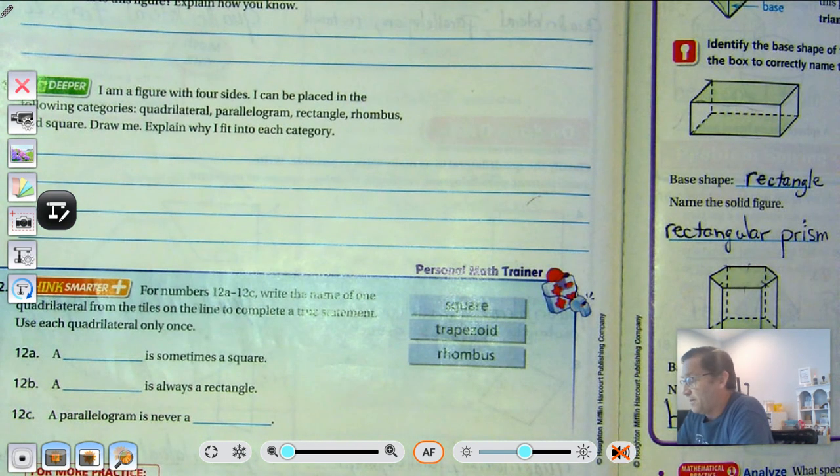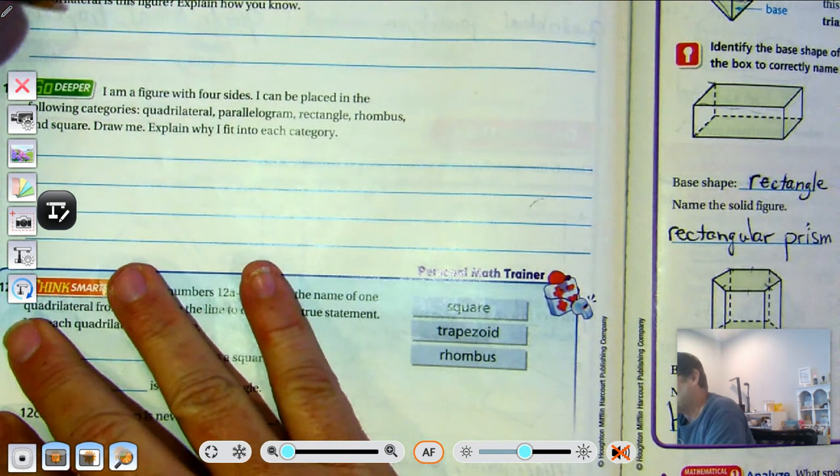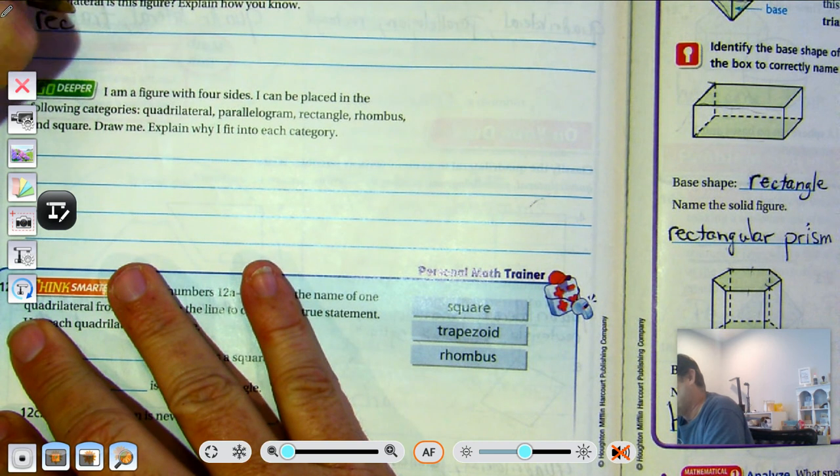All right, number 10. The opposite corners of a quadrilateral are right angles. The quadrilateral is not a rhombus. What kind of quadrilateral is this figure? Explain how you know. So, could be a rectangle.